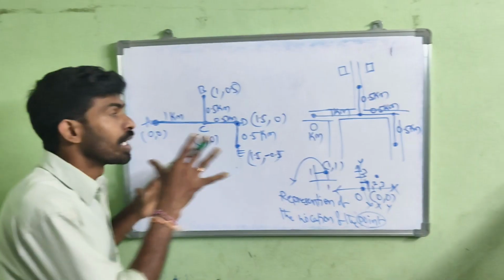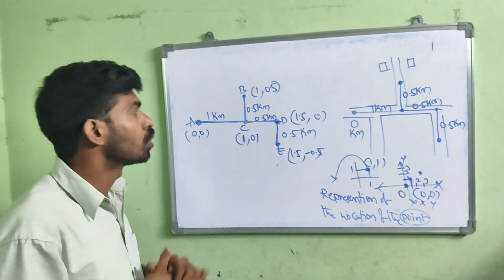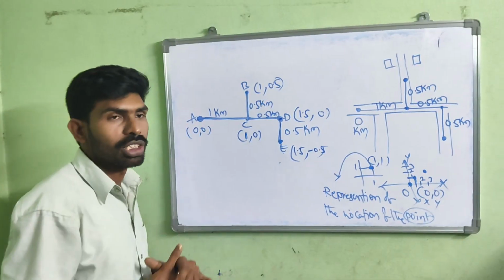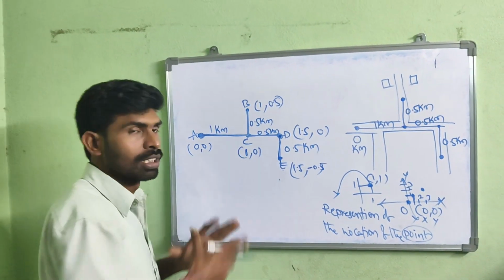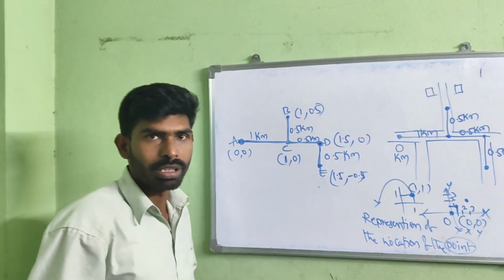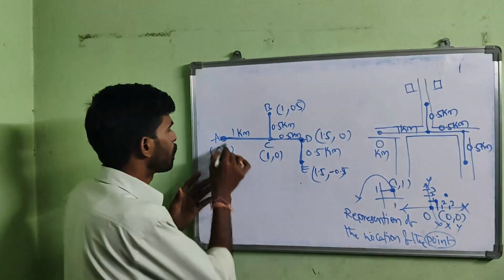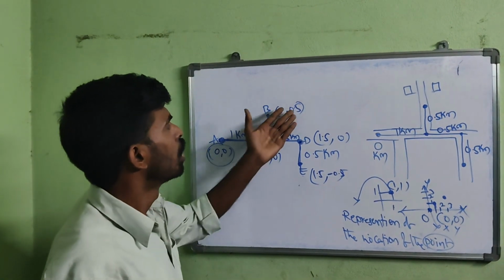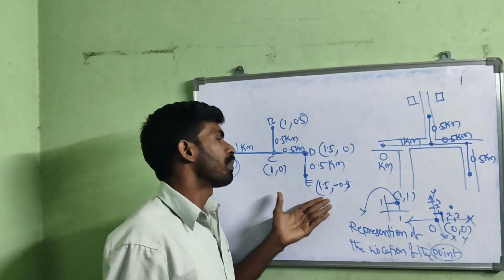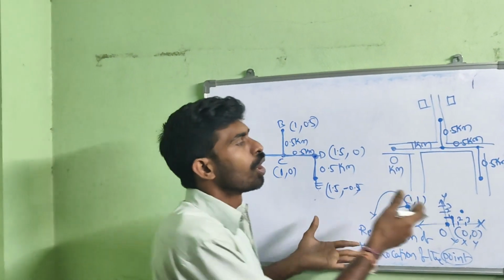Okay, this is very most important. We need to thoroughly practice with practical examinations or practical analysis. Okay, the practical knowledge is important on these topics. Now we can represent this 0, 0, 1, 0.5, 1.5, 0, 1.5, 0.5 on the graph sheet.